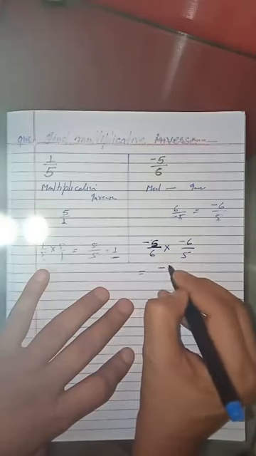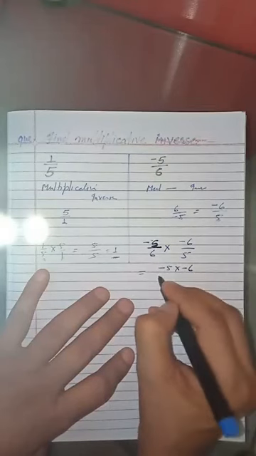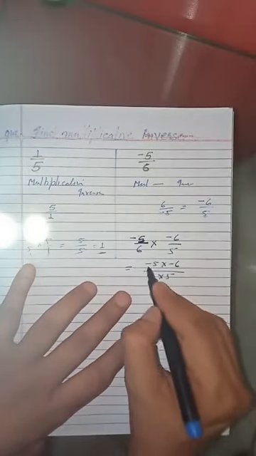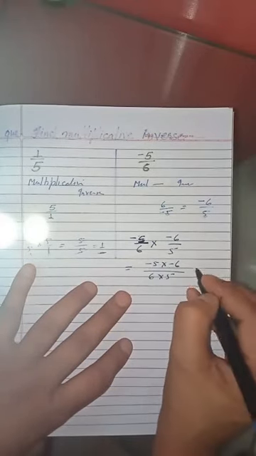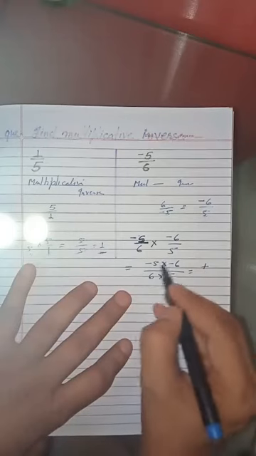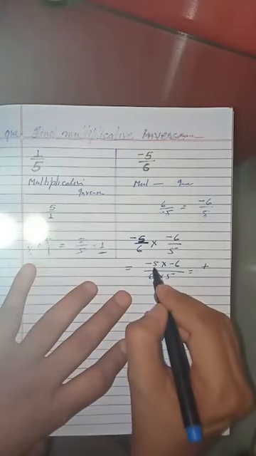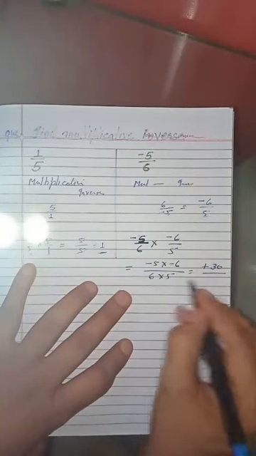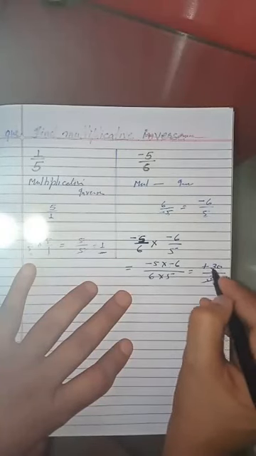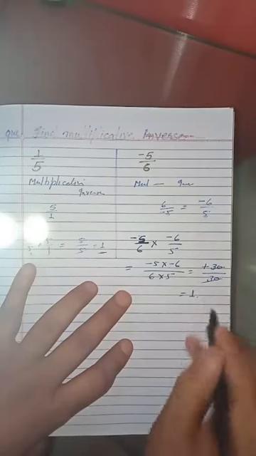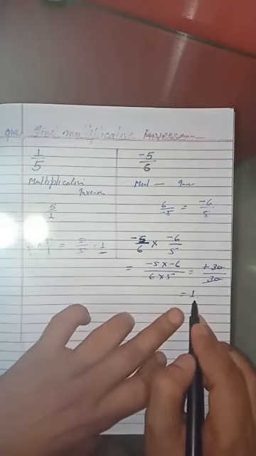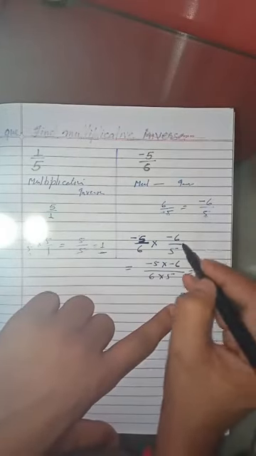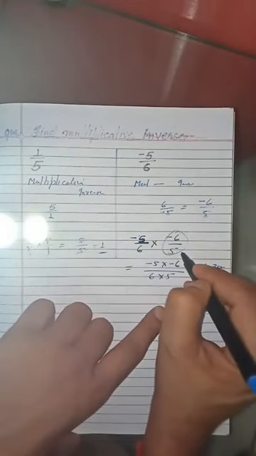So -5 is multiplied with -6, divided by 6 multiplied by 5. Now when you multiply both the minus numbers, the number becomes plus. Minus multiplied with minus is plus. Now 5 multiplied by 6 equals 30, divided by 6 multiplied by 5, 30. 30 cancels with 30 and your answer is 1. And what is 1? 1 is your multiplicative identity. So this is proof that this number is the reciprocal of this number.